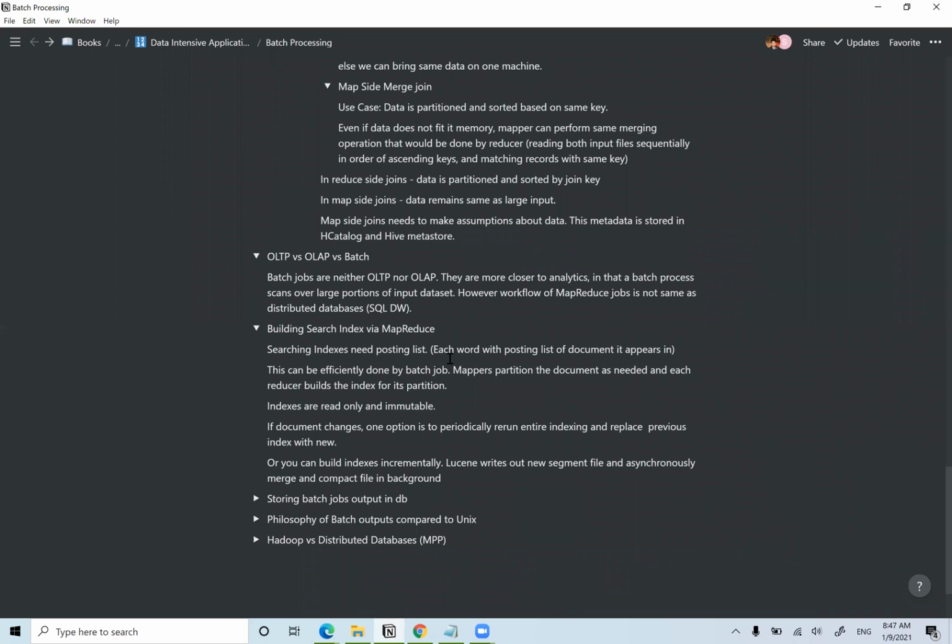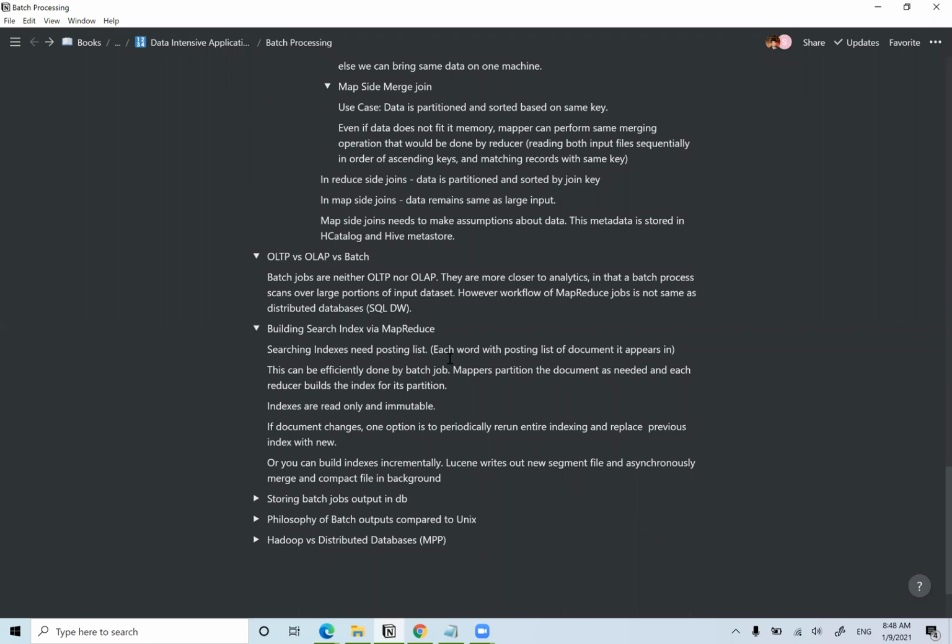The mappers will partition your initial data set in whatever way you have told the mapper code to, and then the reducer will build the index out of that partition, right? That's how a MapReduce system was used to build search indexes initially in Google. Right now they use some different kind of system, but yeah, that was it.